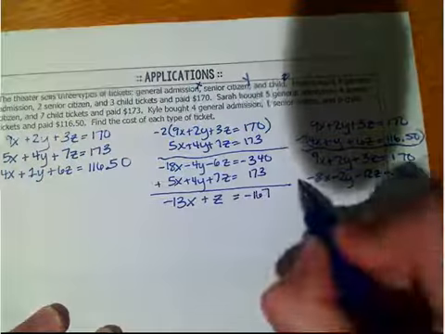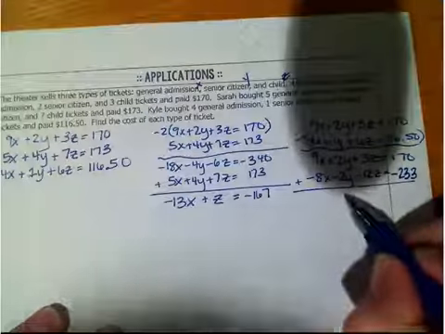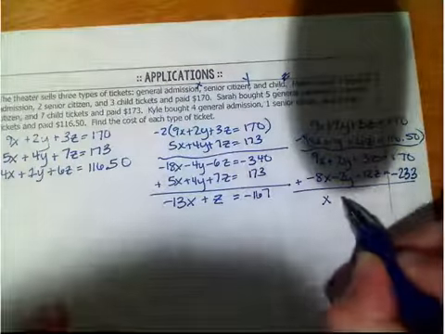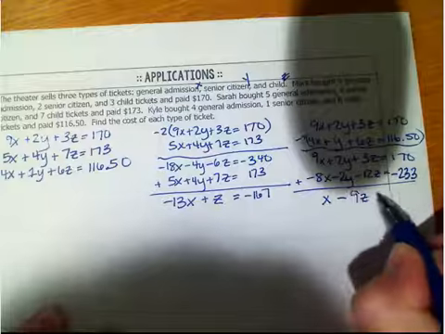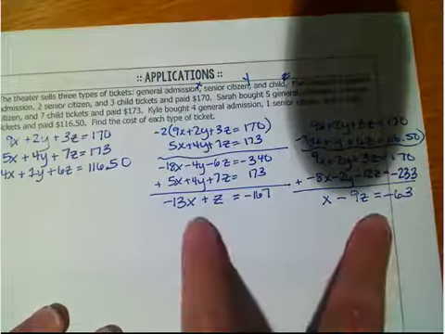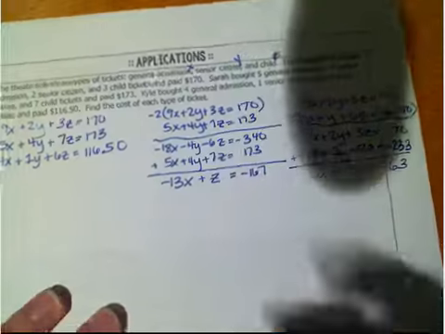Okay, so now I'm ready to add these 2. So I get x, my y's cancel, minus 9z equal to -63. I'll combine these 2 equations.